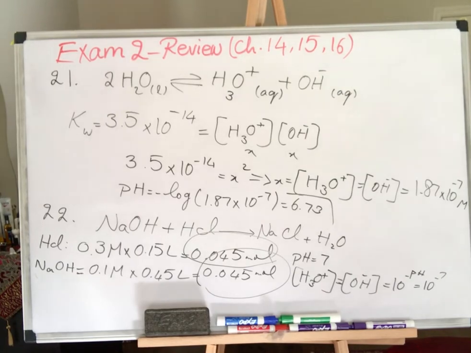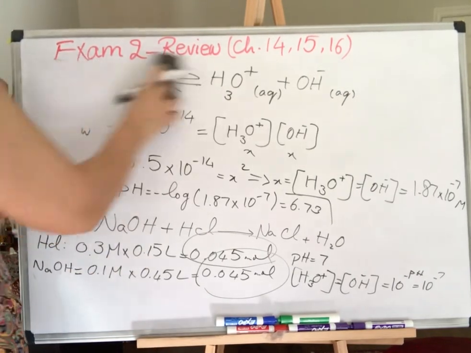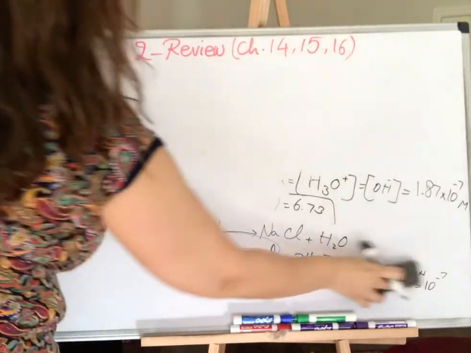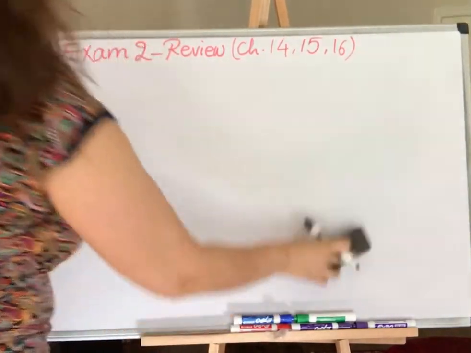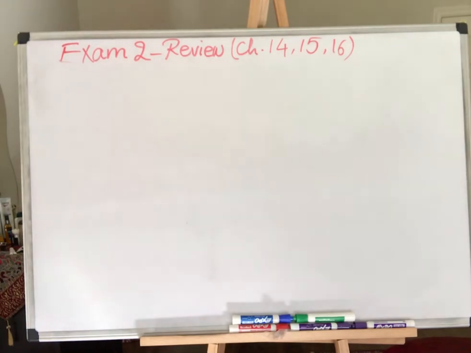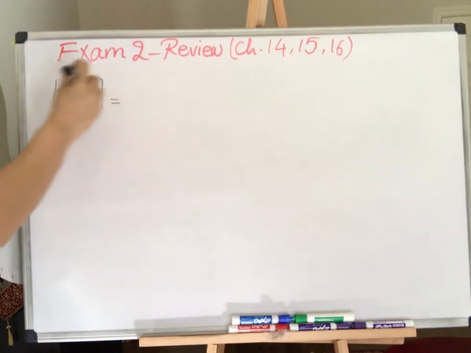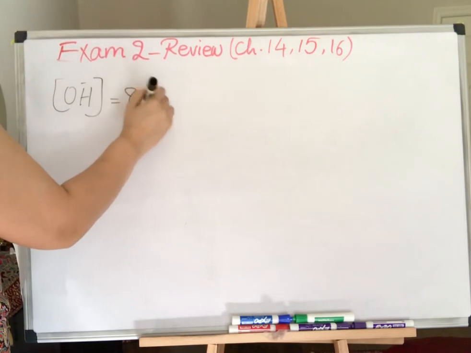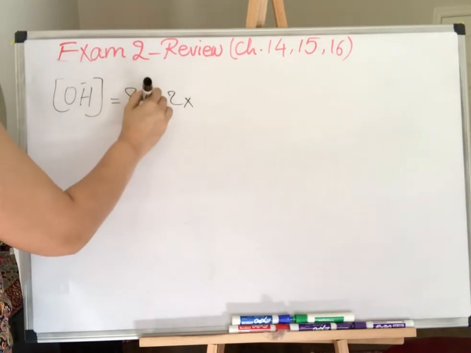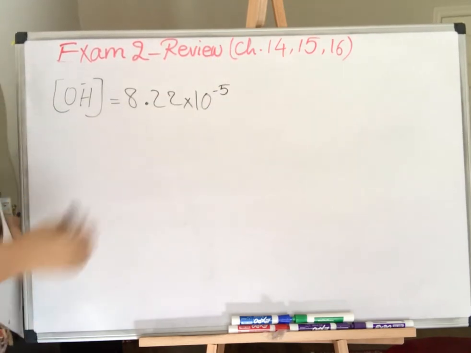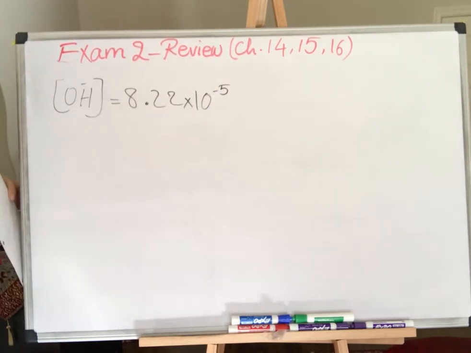Question number 23. At 25 degrees Celsius, a solution has a hydroxide ion concentration of 8.22 times 10 to negative 5 molar. What is the hydronium ion concentration?